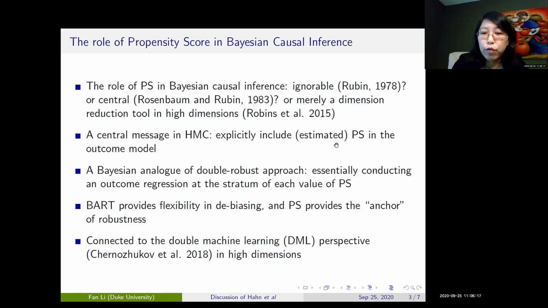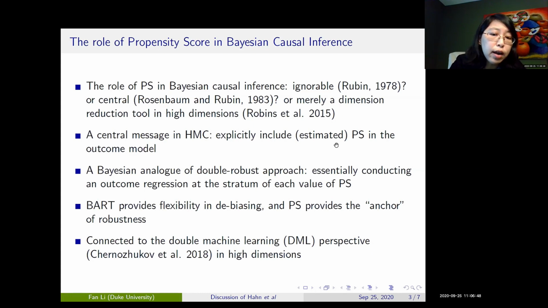Of course, there is their continuity or parsimony assumption going into that, but essentially you're just conducting outcome regression at the stratum of each value of the PS. So in that sense, it is an analog of the double robust or double learning approach. The nice thing about combining these two is BART, because it's a Bayesian non-parametric prior method, it provides enough flexibility to try to adjust for confounding.